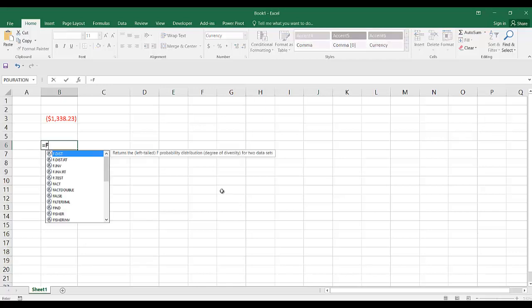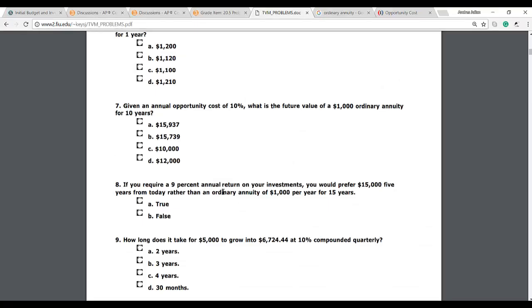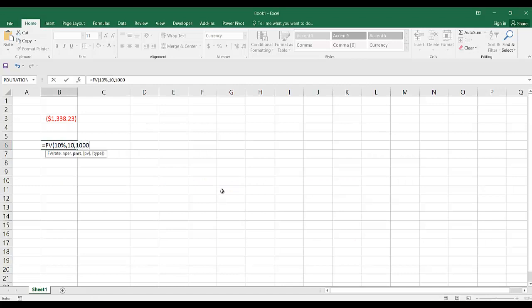now in this case, let's go back to our formula of future value. Now the rate is 10%. The number of periods in this case is 10 years. Now the payments, and here it changes a little, an ordinary annuity is when you make $1,000 payments every single year. So every year I'm going to deposit $1,000, but my initial capital, or the first value that I have, is 0 because I'm starting with 0.